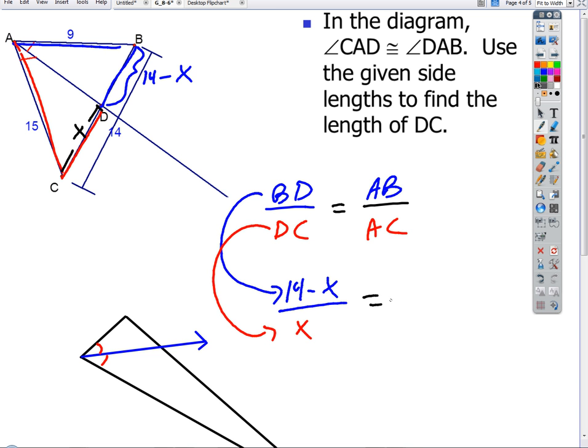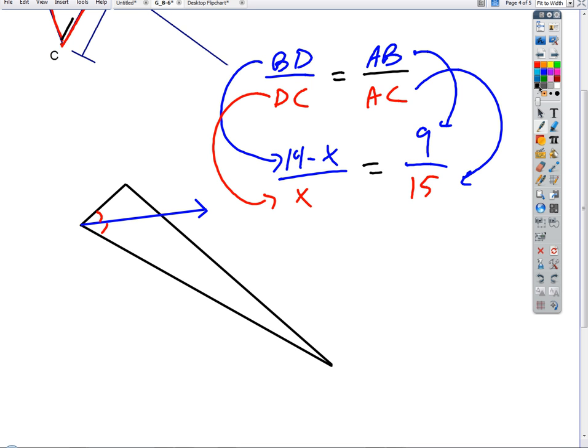On the other side, we have numbers for both of these, don't we? AB is 9, good, and AC is 15. So all I have to do then is just solve that proportion. It looks kind of ugly, but how do I always solve proportions?